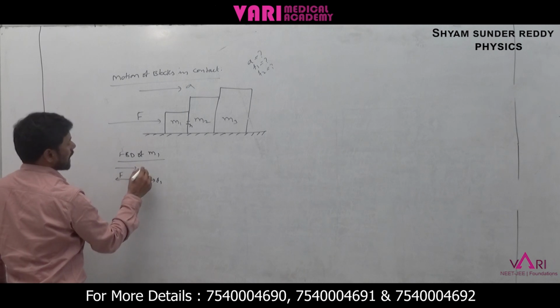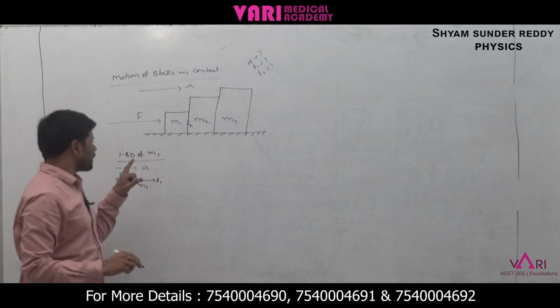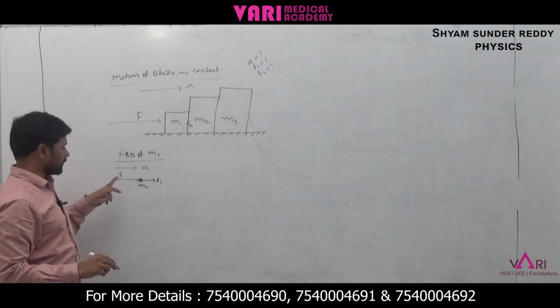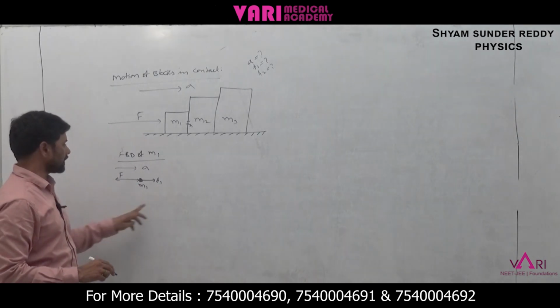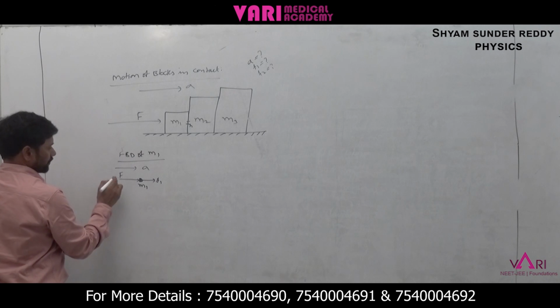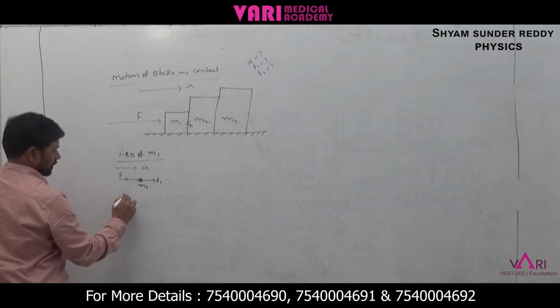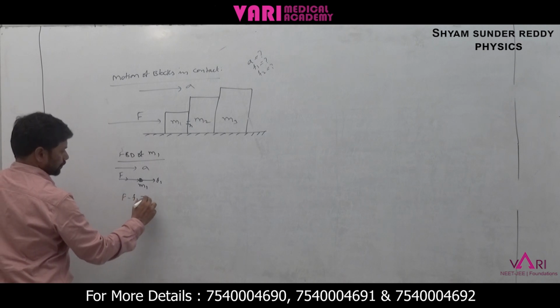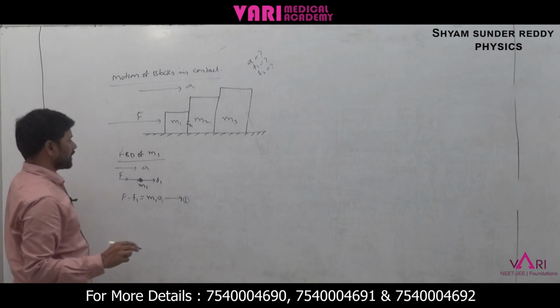This is the acceleration, it is moving in the forward direction, so comparing to this, this is more. F minus F1 is equal to M1A. Take this as equation number 1.